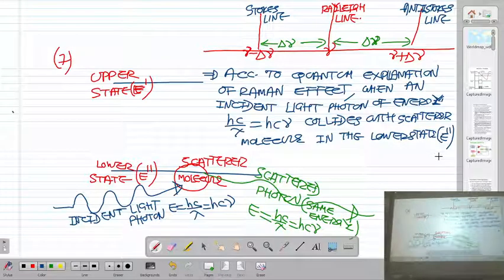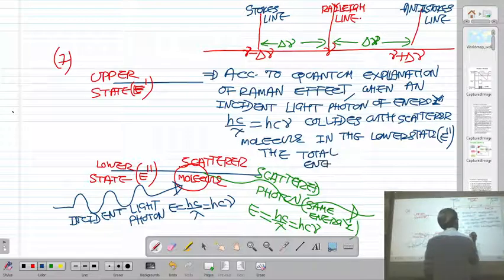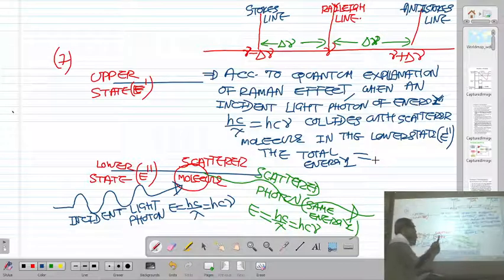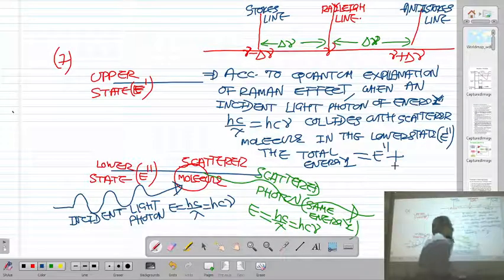the total energy of the system: what is the total energy of the system? What is the energy of the scattered molecule in the lower state? E double dash, plus what is the energy of the incident light photon? hc upon lambda or hc nu.